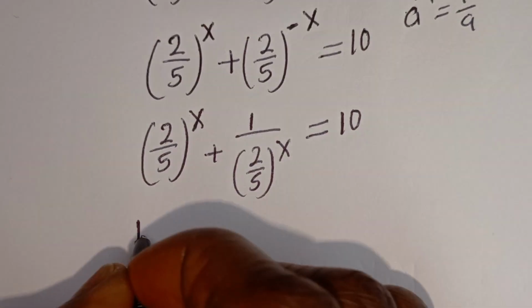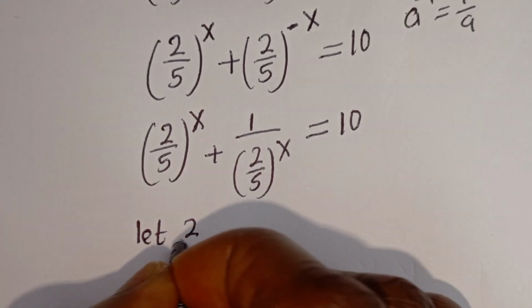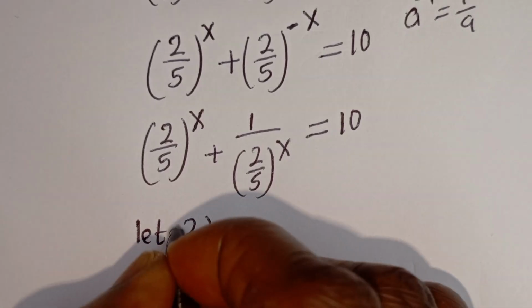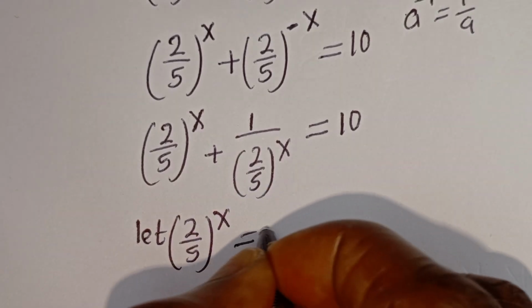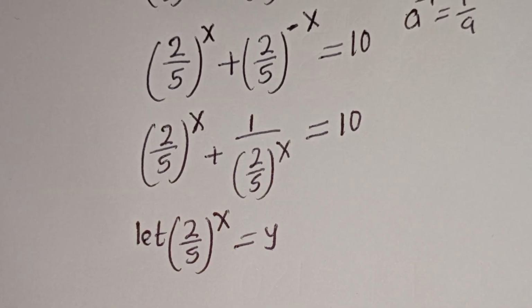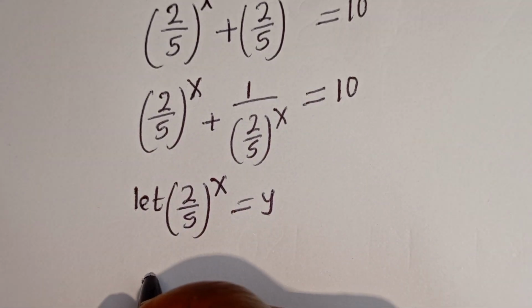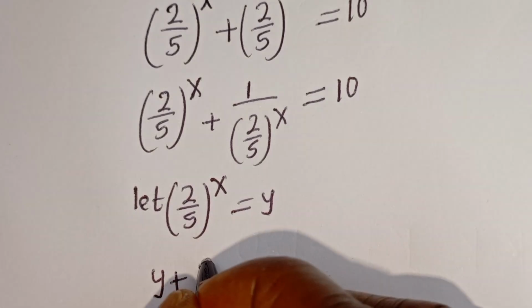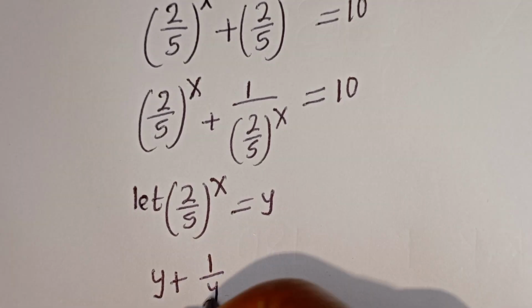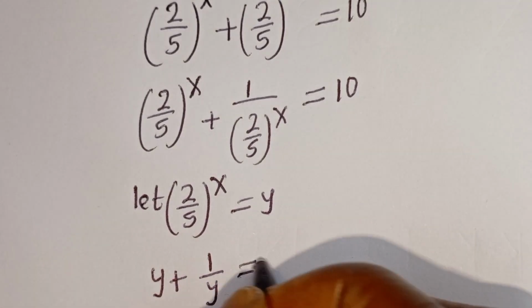Then from here, let 2 divided by 5 to the power of x be equal to y. This equation becomes y plus 1 divided by y is equal to 10.